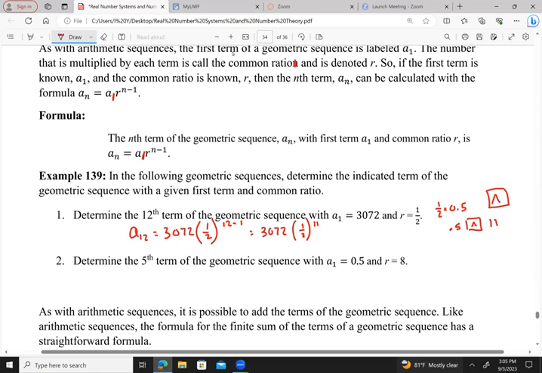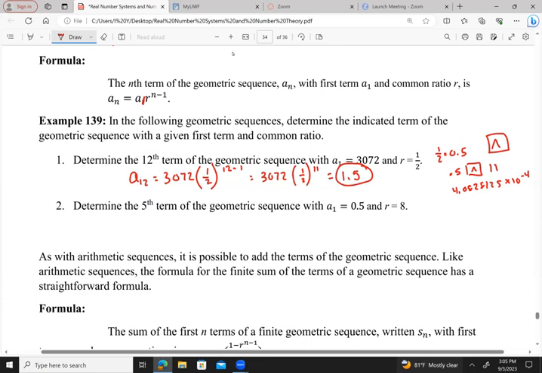What I get is 4.082825 times 10 to the negative 4. If I take that and multiply it by 3072, I get 1.5.